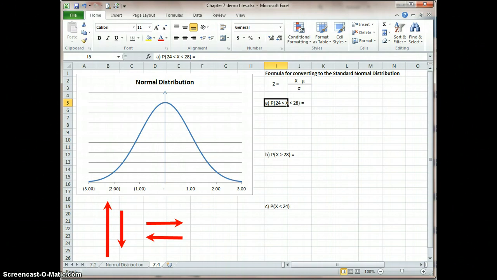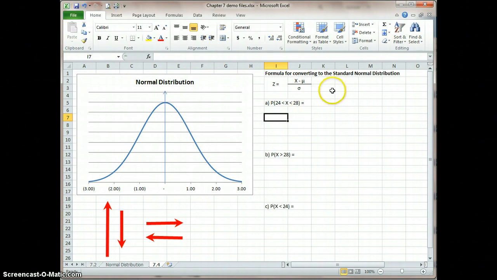The first thing we want to do is convert that to a standard normal distribution. For part A, what's the probability it lasts 24 to 28 hours?